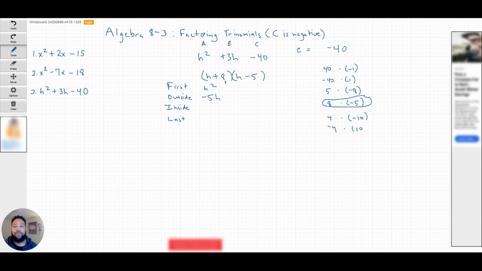Inside, which is 8 times h, and then last, 8 times negative 5 is minus 40. We combine like terms. We have h squared. We have an 8h minus a 5h, which gives us our positive 3h, and then minus 40, which takes us back to our original answer.